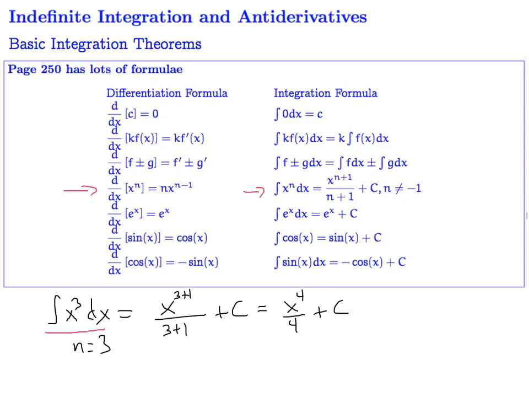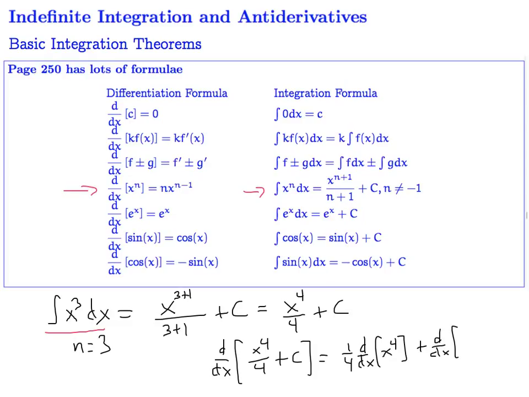So let's check this. If I take the derivative of x to the 4th over 4 plus c, well, let's see what I get. I can break this up into two derivatives: 1/4 the derivative of x to the 4th plus the derivative of a constant. And now what happens here?